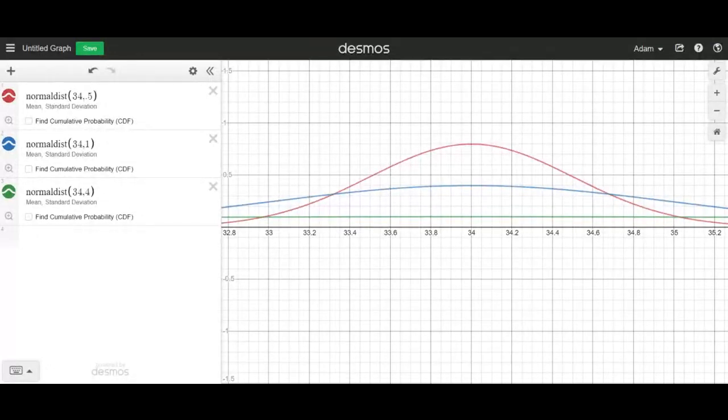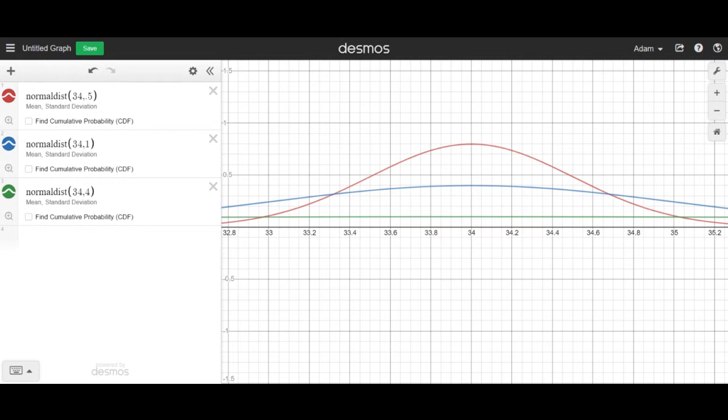Again, the smaller one, the red graph, you can see the graph is higher up. Mostly because the data values are less spread out and they're more clustered around the mean. That's what we get.